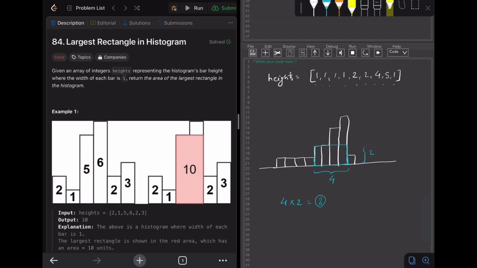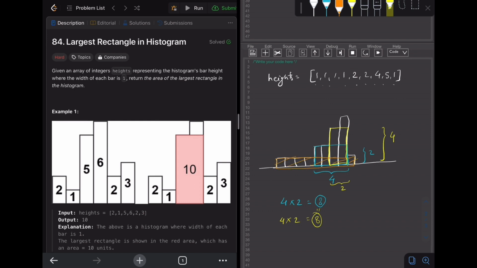Okay, look at another one. This one seems big enough, right? Just like the previous one. Height is 4, width is 2, area is again 4 times 2, which is 8. But it's the same one as before. Are there any other rectangles? Well, what about this one? This one at the bottom here, the small, long.